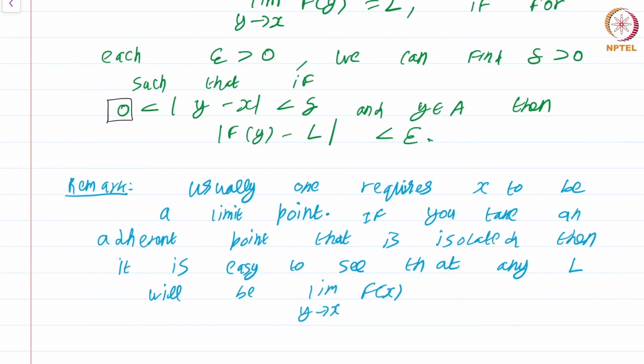This extreme weirdness can happen when you take an isolated point.